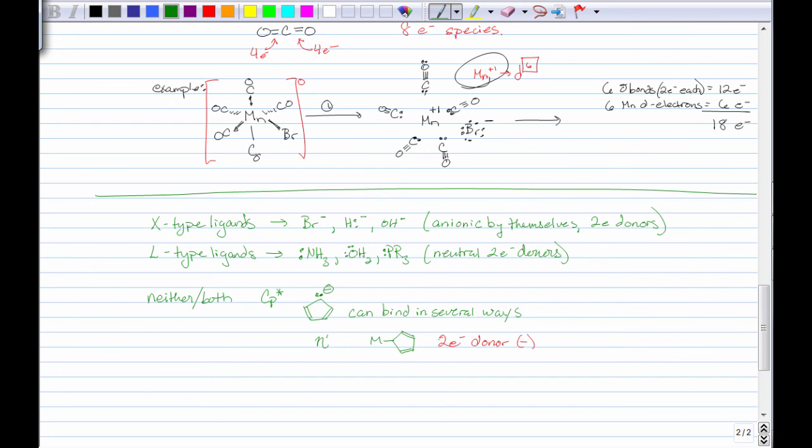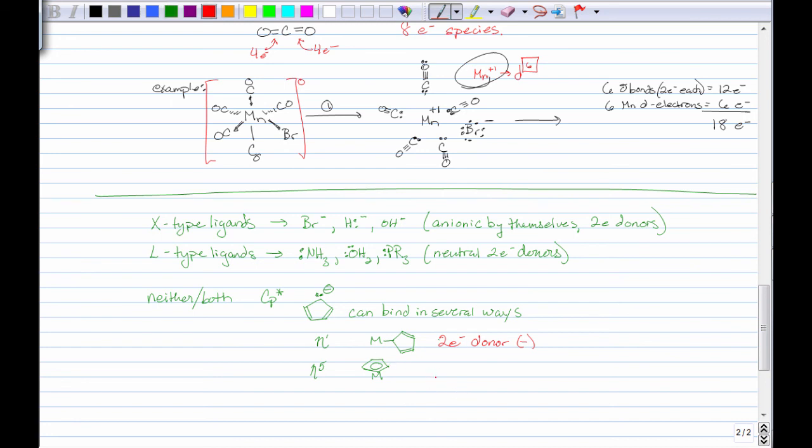You have the eta-5 case here, and that's where it's basically a metal pi interaction, where you think of the resonance hybrid. This still has a negative charge overall, or the cyclopentadienyl anion still has a negative charge overall.